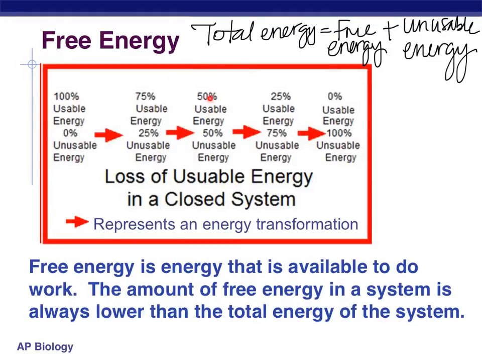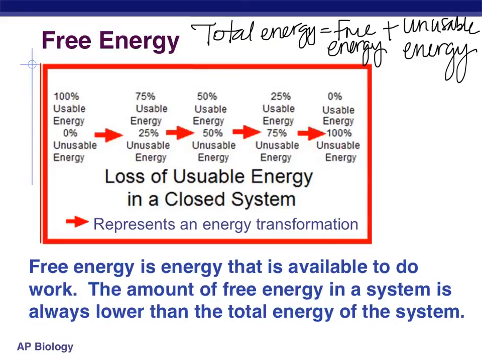The more transformations that happen, the less usable energy you have, and the more unusable energy you start gaining, because most of these processes will at some point produce heat. So every time we have heat, we're increasing our unusable energy.